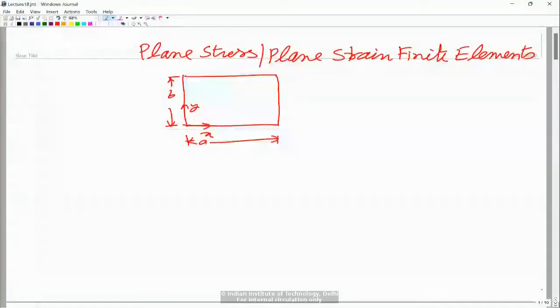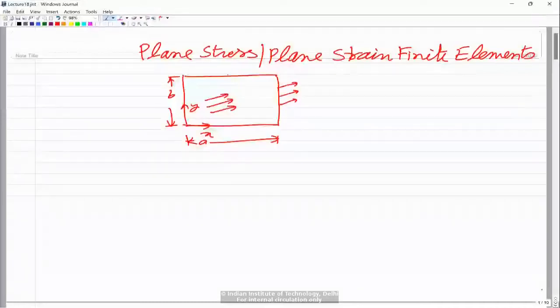Now if this is only subjected to forces which have only x and y components, there could be body forces which have only x and y components, no z component of force. And similarly along the boundary there could be forces along the x and y direction. So these can be the various forces.